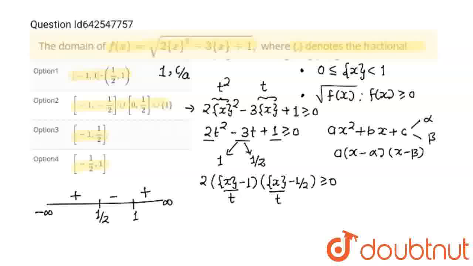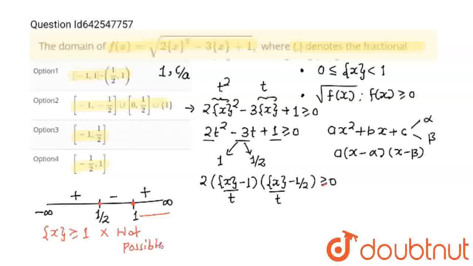Okay students, now see, there is an equals to 0 sign. So any quadratic is 0 at its roots, so 1 and 1 by 2 will be included. And we need positive values, so positive is from 1 to infinity and from minus infinity to 1 by 2. So fractional part x will first be greater than or equal to 1, which is never possible.